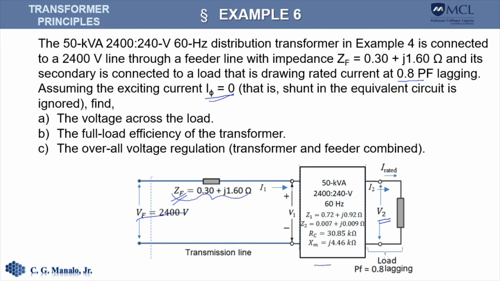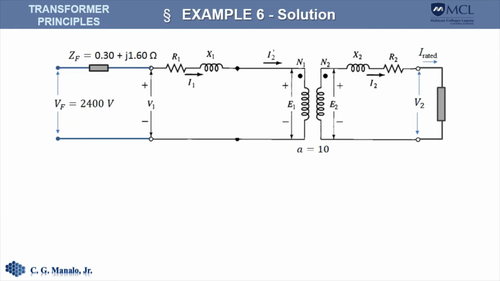So let's proceed with the solution. Here is the setup again, with the transformer replaced by its exact equivalent circuit. So this is the exact equivalent circuit of the transformer, and the load is attached to that equivalent circuit.